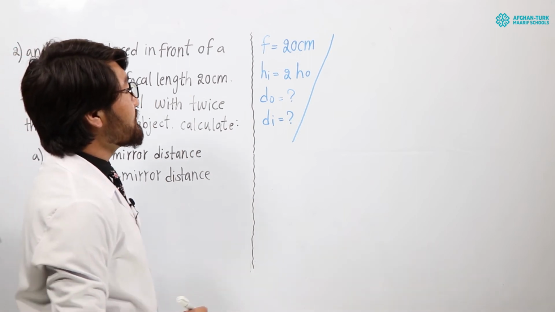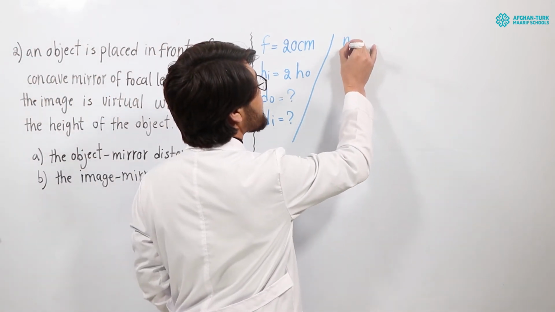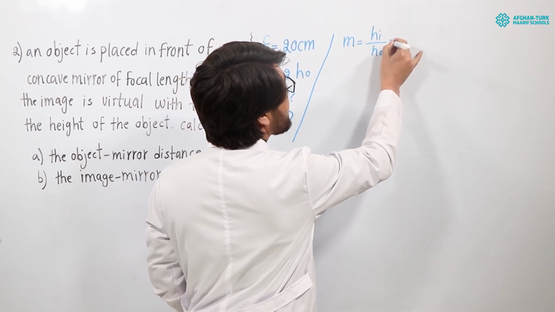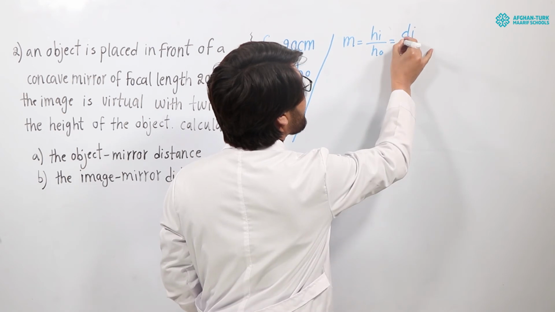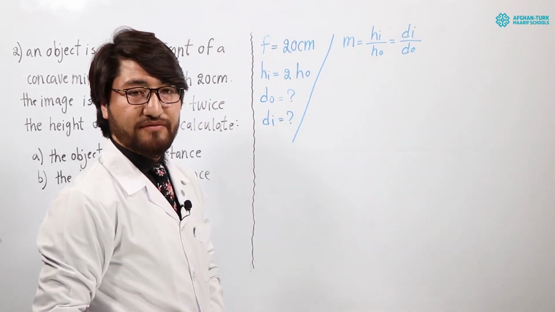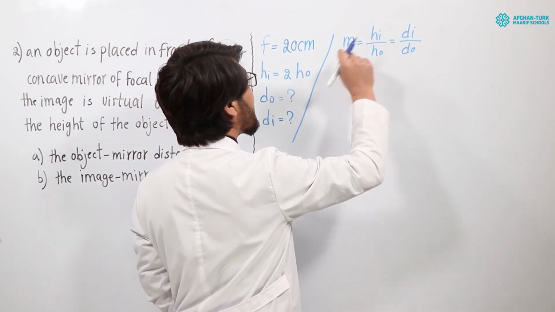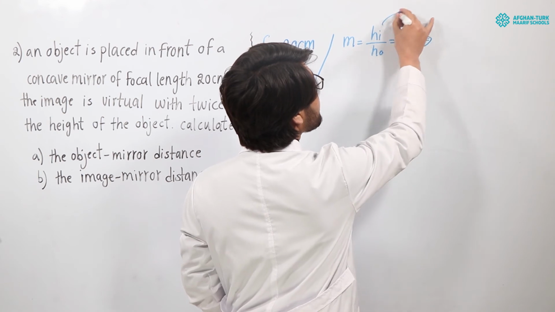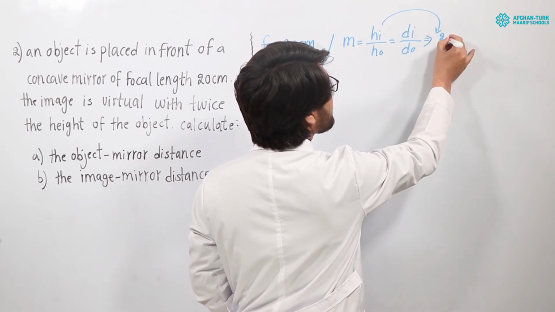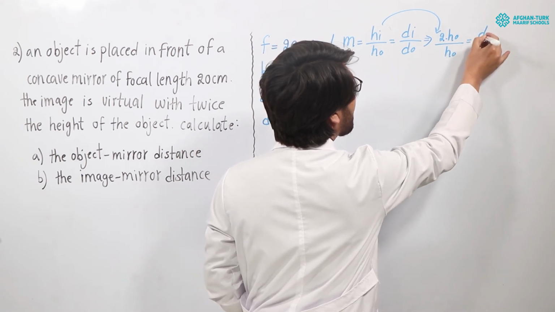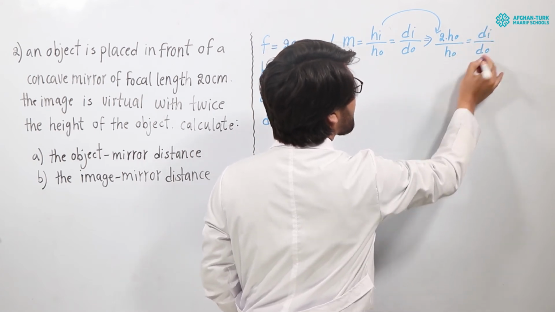Okay, let's solve this question. First of all, we know that magnification is equal to HI over HO is equal to DI over DO. We have this formula for magnification. HI is 2 times HO, so 2 times HO over HO is equal to DI over DO.